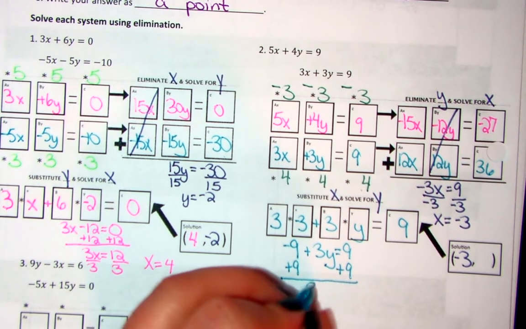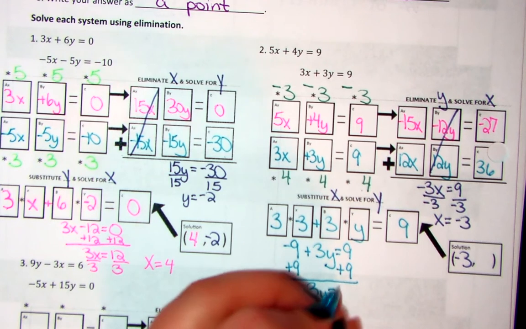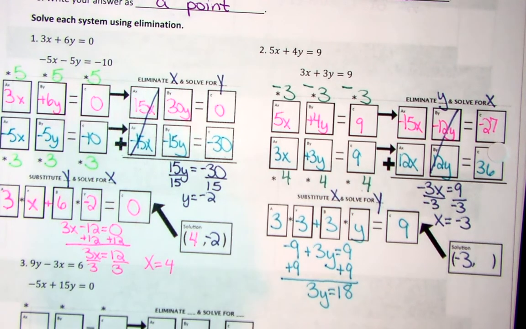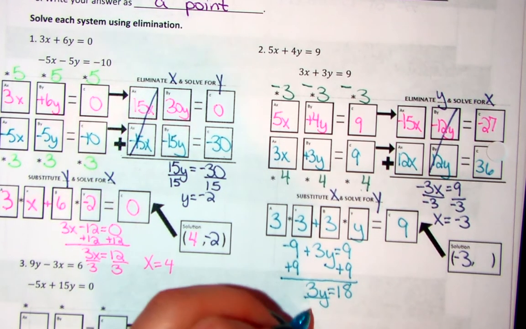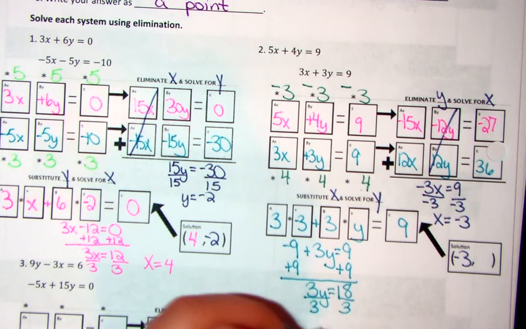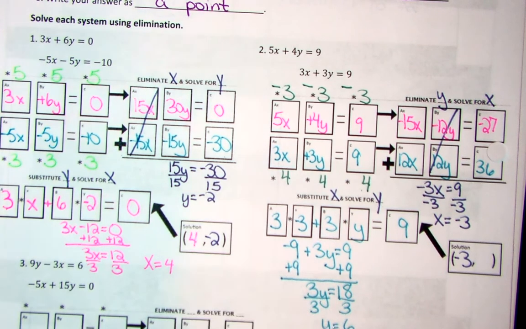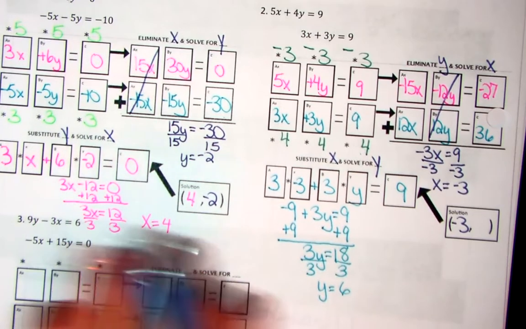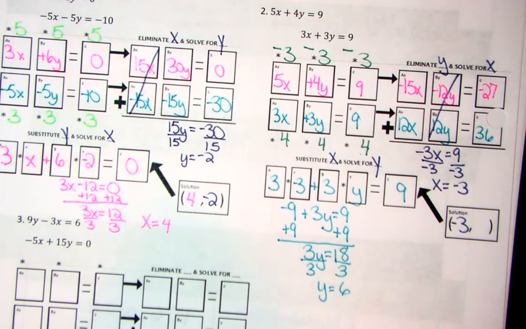Add 9 to both sides, and 3y equals 18. Divide by 3 on both sides, and y is equal to 6.